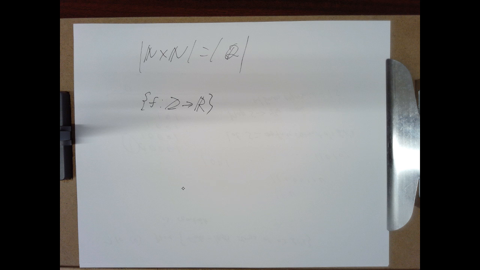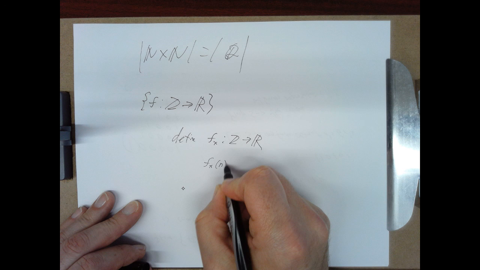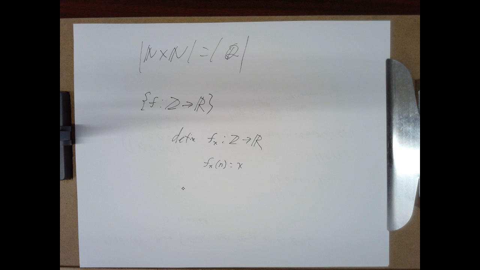Right. But that's not enough to prove it, because we know that that's countable. So what if we just do this? Define f sub x, a function from the integers to the real numbers, with the property that f_x of any integer is equal to x. Is that a function? It's certainly inside this set.